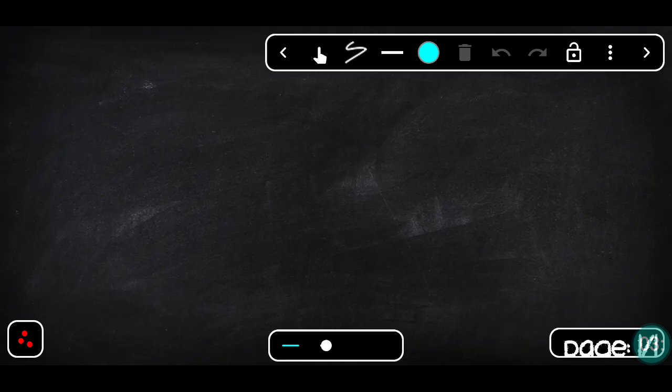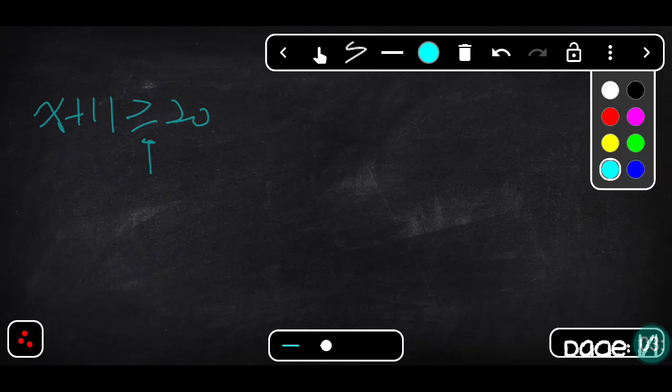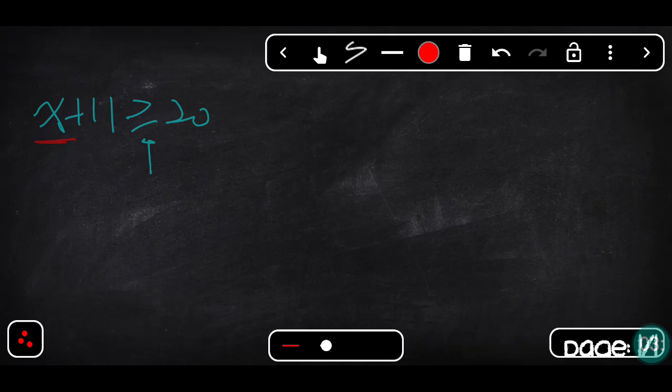Okay, see more example. Check this problem. x plus 11 is greater than or equal to 20. This sign is called greater than or equal to. Okay, it's almost the same thing. There's nothing new. We need to find our range of x, so we need to move the other number 11 to the other side.